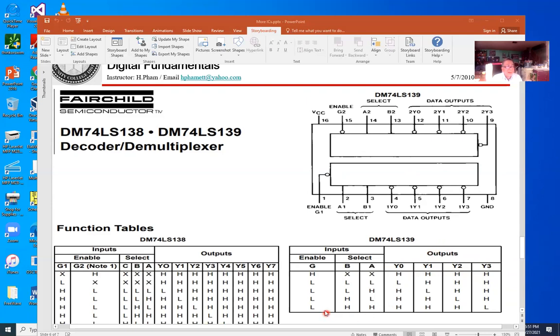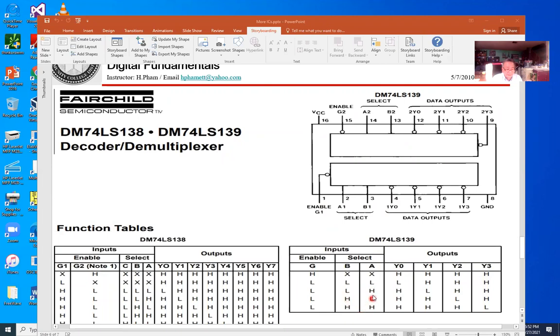Now, if the enable is at logic 0, I'm talking about this one first. You understand this one, you understand the other one. So pin 1 is 0. Now, if pins A and B are 0, 0, then if you're looking at the truth table, the first output will be low and the rest will be high. So basically they work this way.